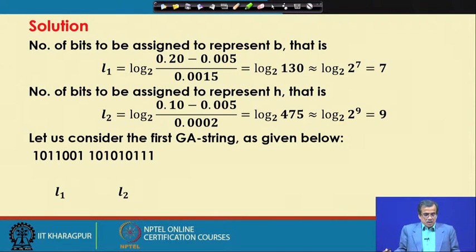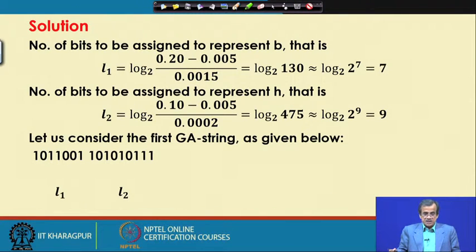To start with, I will have to find out first how many bits to be assigned to represent the real variables in order to ensure their precision level. Now, B is nothing but the width of this particular cross section.